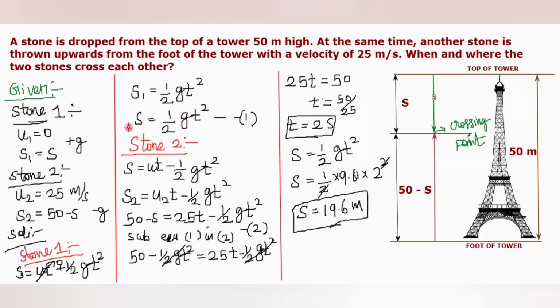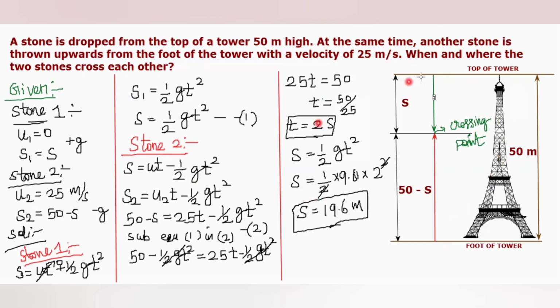So instead of S, we substitute 1/2 gt² on the left hand side. Now the minus 1/2 gt² on the left hand side and the minus 1/2 gt² on the right hand side both are eliminated. So 25t equals 50, so t equals 50 by 25, that is t equals 2 seconds. This is the answer for when the two stones cross each other along the 50-meter distance between the top and foot of the tower.